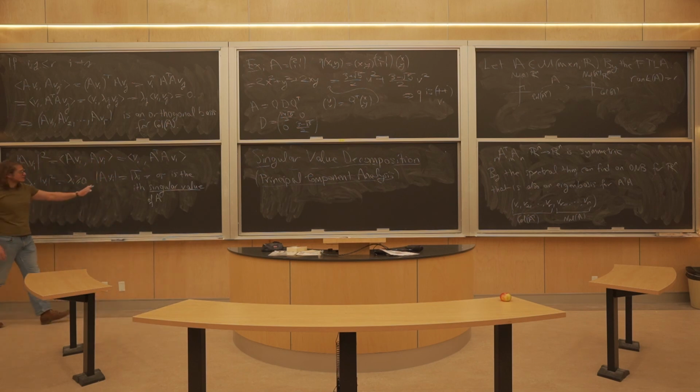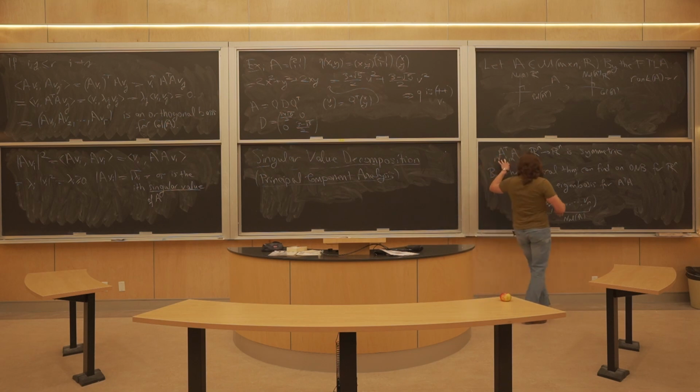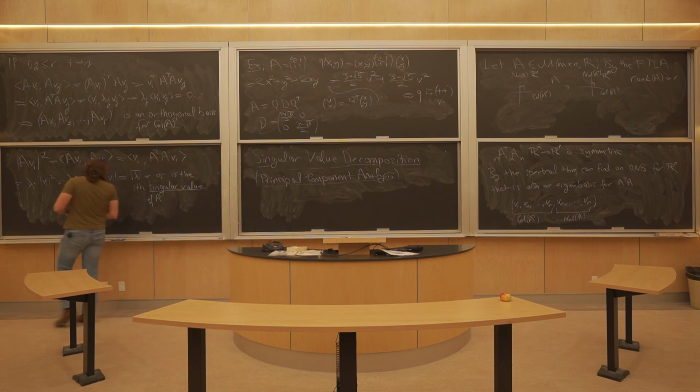In a sense, it's like the square root of the eigenvalue of A squared, if you can imagine it like this. A squared doesn't quite make sense in this context, but A transpose A always makes sense. And A transpose A is pretty much like A squared, at least heuristically. Okay, so these are the singular values.